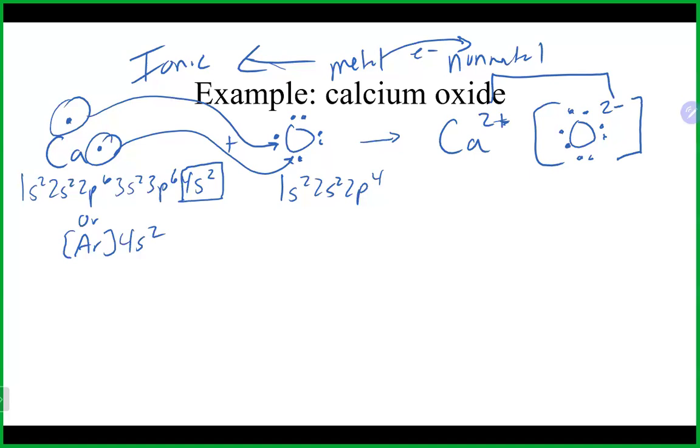And if we look at our electron configuration, we have now given up these 2 electrons here, which means it now has 18 electrons, or 1s2, 2s2, 2p6, 3s2, 3p6. And as we see on the left there, that is the same configuration as argon.